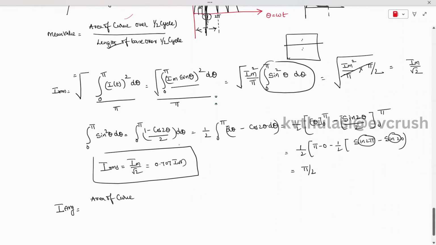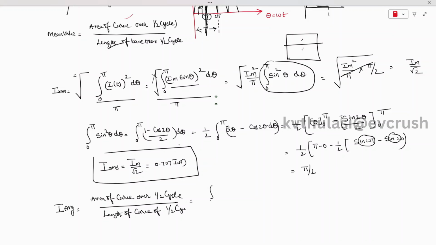For symmetrical we are going to have area of the curve over half cycle divided by the length of the curve over half cycle. This is the basic formula. So how to find the area? Just remove the root, don't do the square.